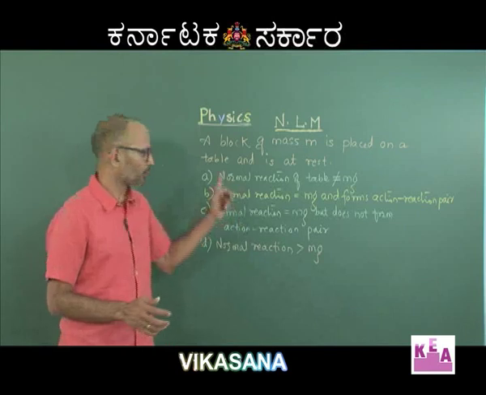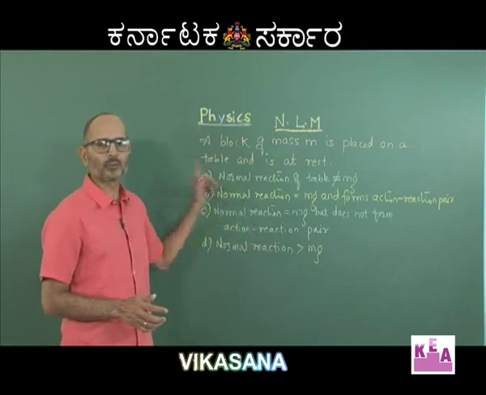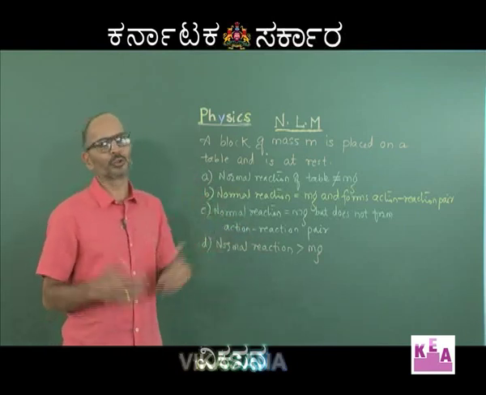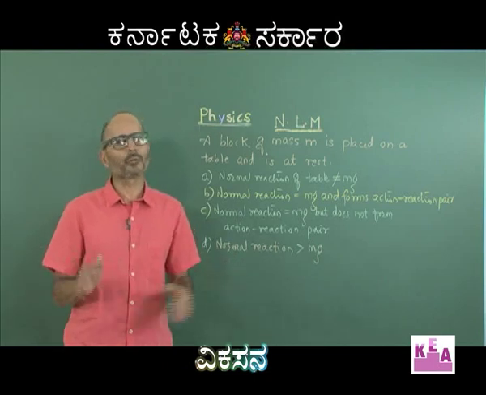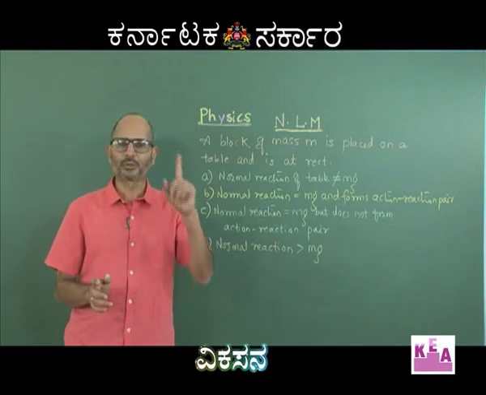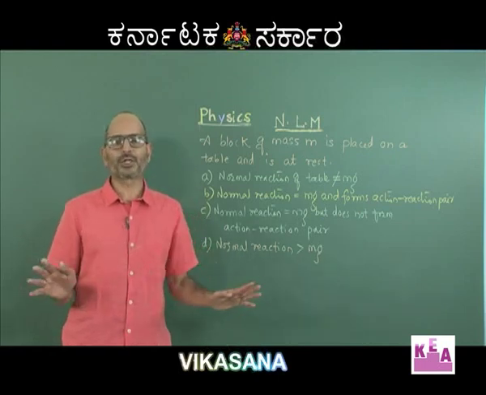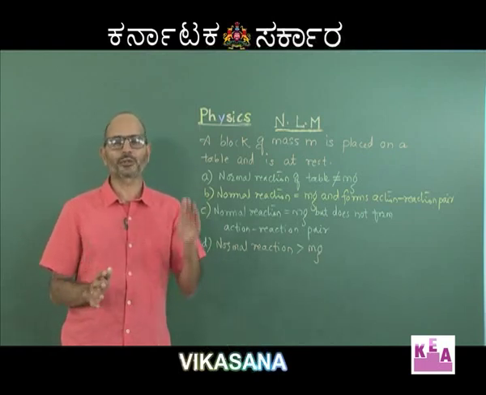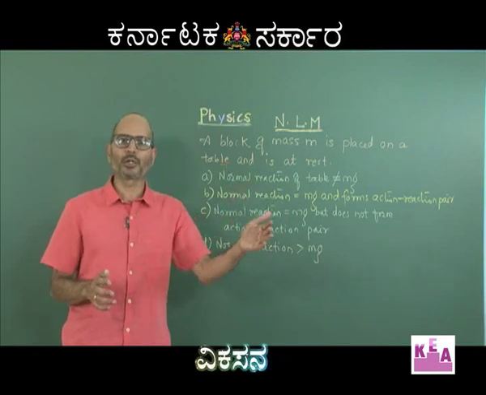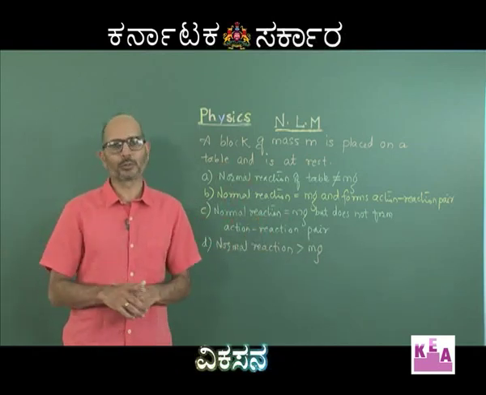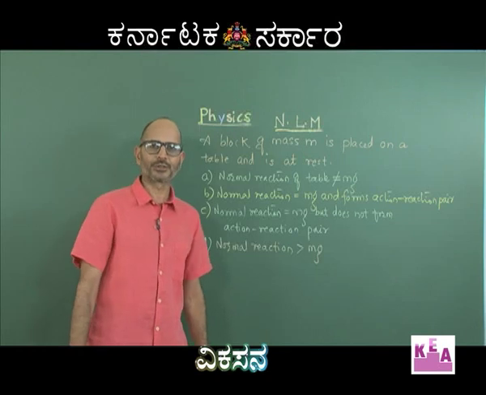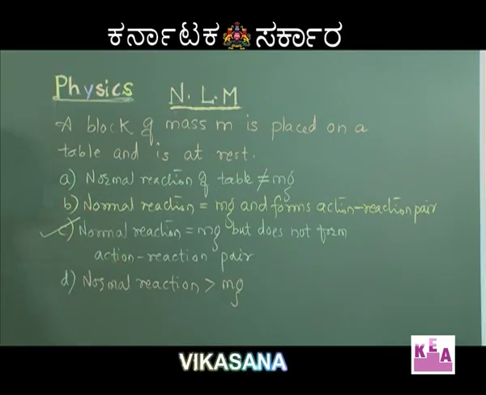So here the normal reaction is also acting on the block and mg is also acting on the block. So in spite of being equal, they cannot form an action-reaction pair, because whenever you see two equal and opposite forces acting on the same body, please understand that they never form an action-reaction pair. If action is on one body, reaction is always found on the other body. So the correct option here is C.